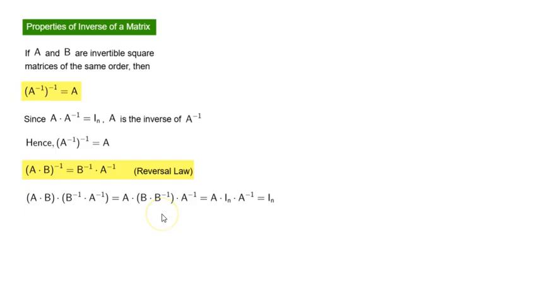Now B times B inverse is I sub n and A times I sub n is equal to A, and A times A inverse is equal to I sub n, which is what is there on the left hand side after taking (A times B) inverse to the other side. Similarly, we can look at it in the other order, or rather we can say commutatively. Hence, (A times B) inverse is equal to B inverse times A inverse.